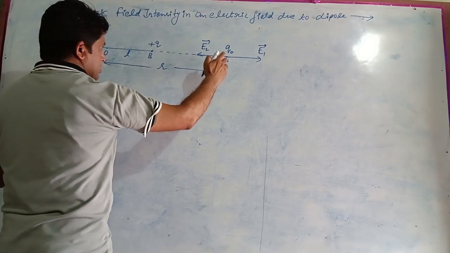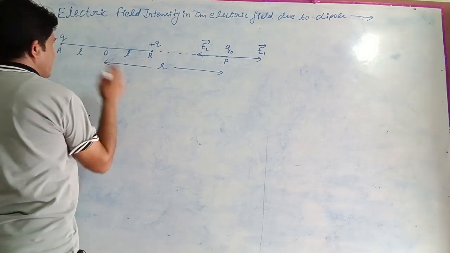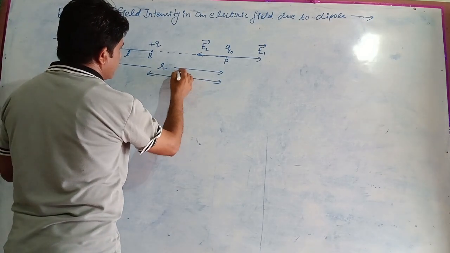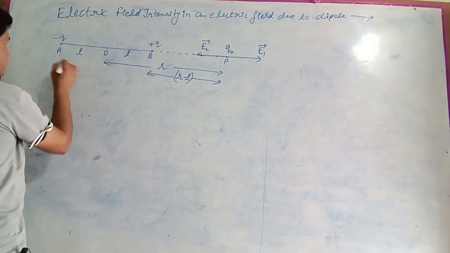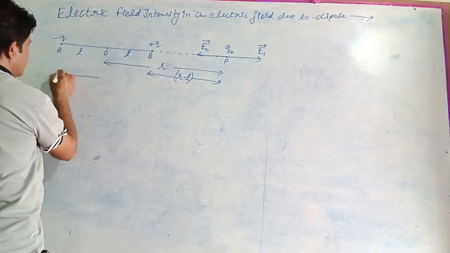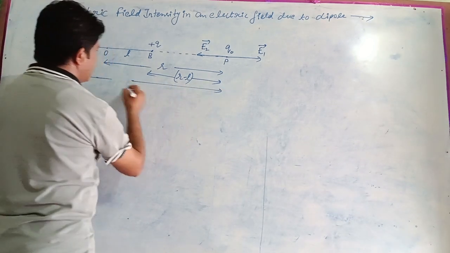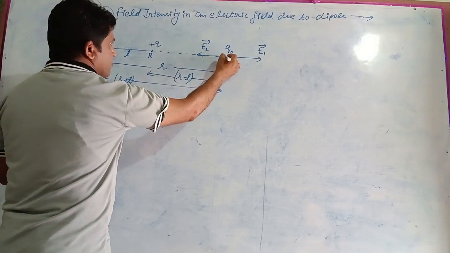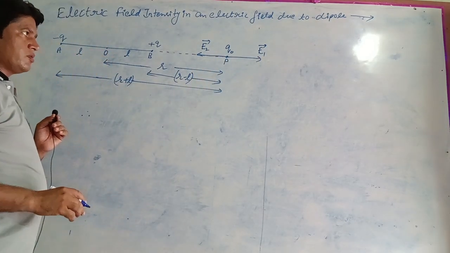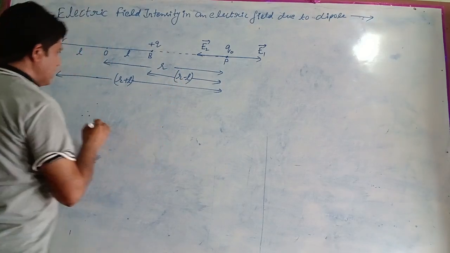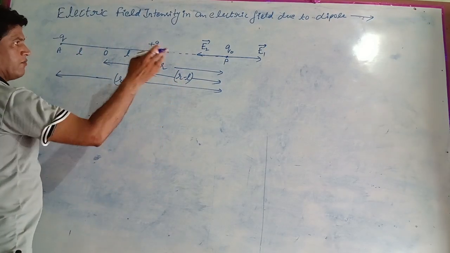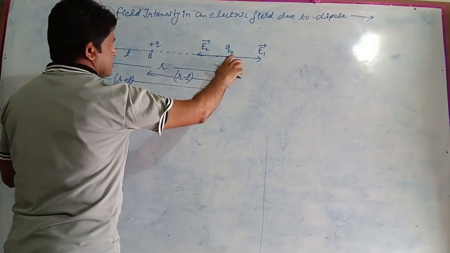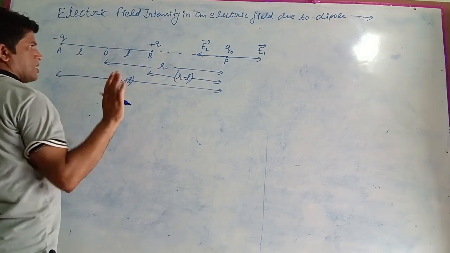And the distance of P from A and B separately will be R minus L, and the distance between B and P will be R plus L. So now we have to find E1 and E2 separately at the point P. In magnitude E1 and E2 are different because the distances of this charge from the two charges are different.